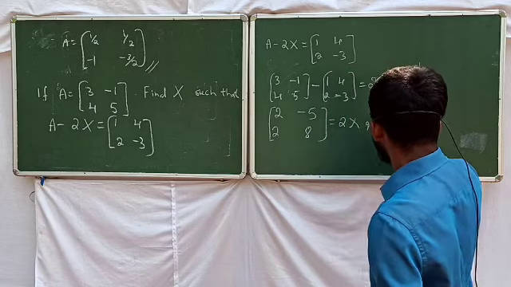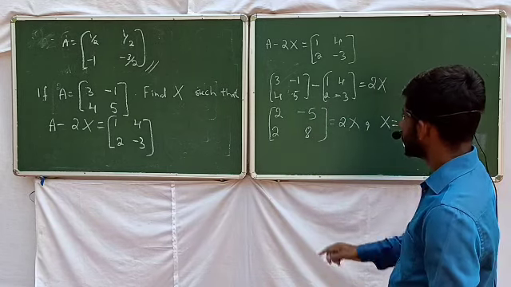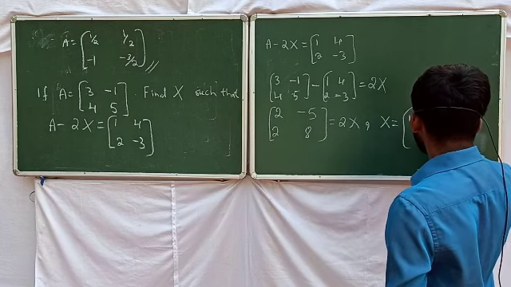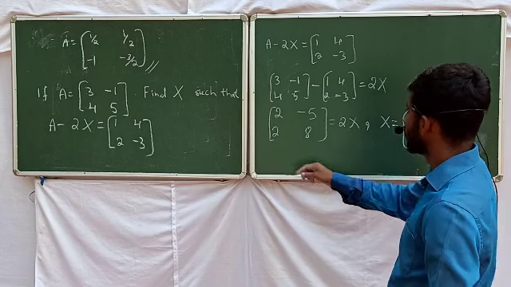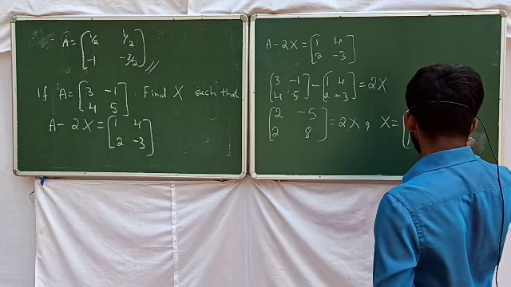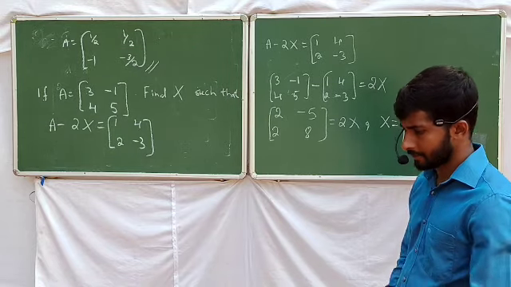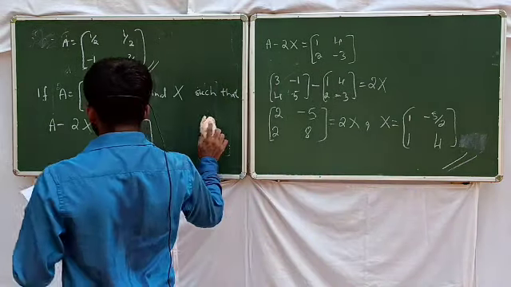Okay, x value is equal to 2 by 2, 1, minus 5 by 2, minus 5 by 2, 2 by 2, 1, 8 by 2, its value is equal to 4. It's a value of x. Okay, clear? Okay. Next question.